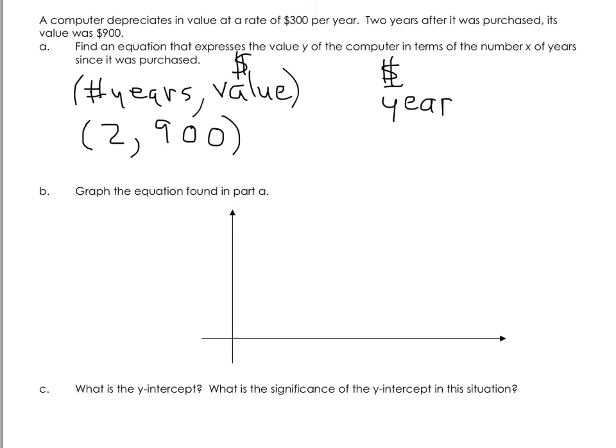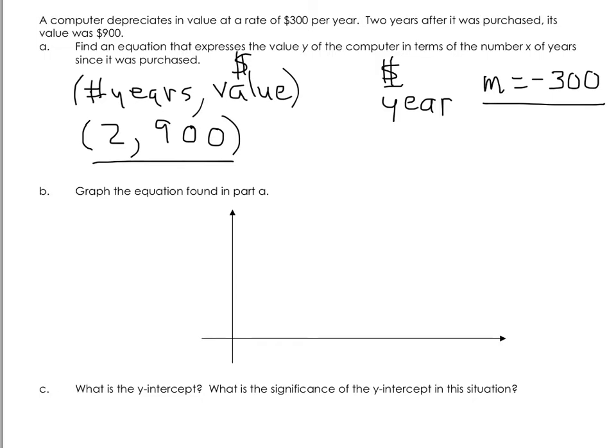That's a slope. So the slope of our equation, it's depreciating. That means it's going down by $300 each year, and that's our slope. So our equation needs a slope of minus 300. It needs to go through the point (2, 900).